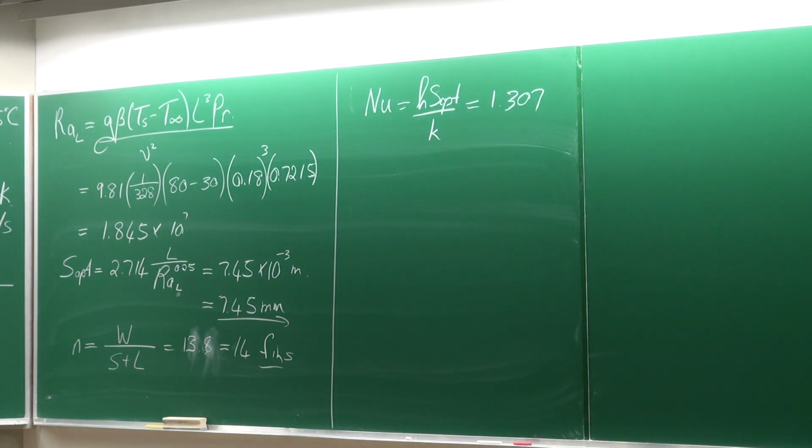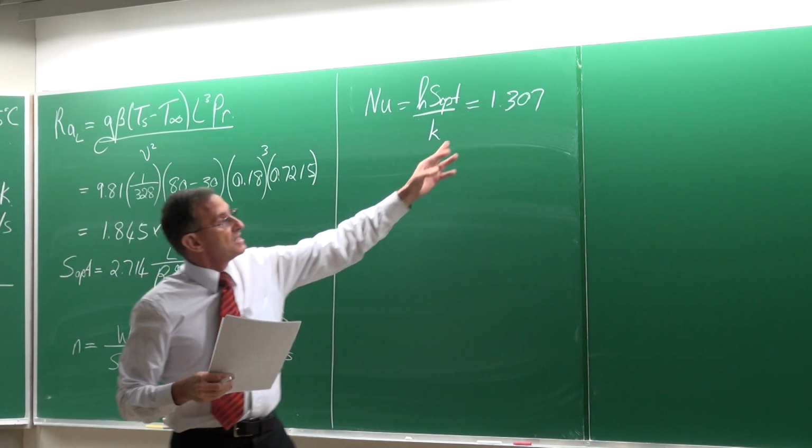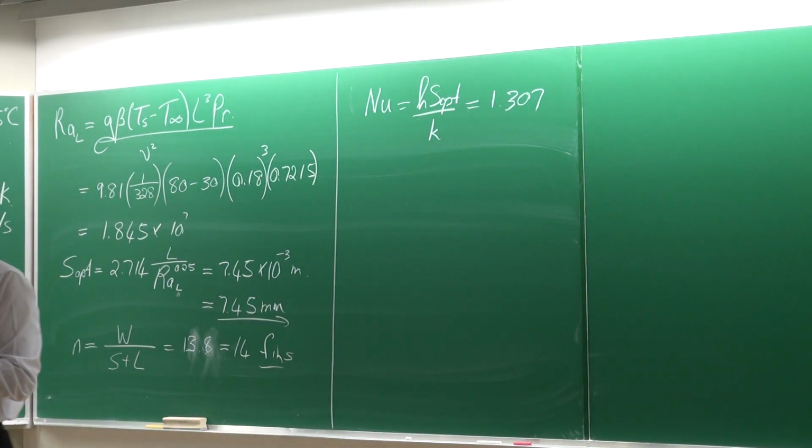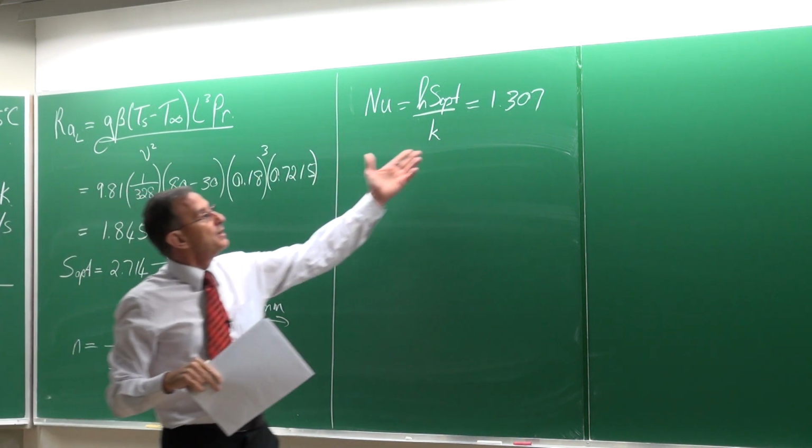When we spoke about forced convection, what I've said is that if the Nusselt number is equal to 1, then it means that all the heat transfer is by conduction only. If you would take this problem into space, where there's no gravity, so that term is 0, then the heat transfer will only be by conduction.